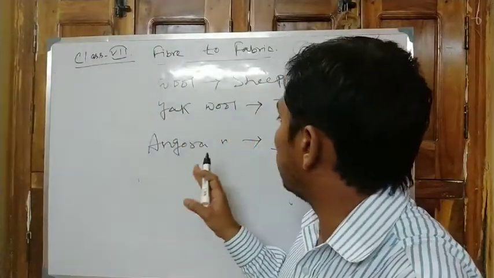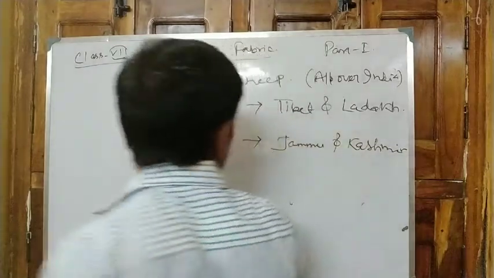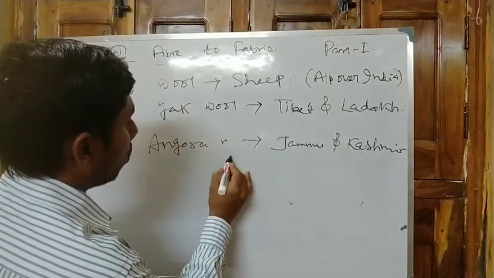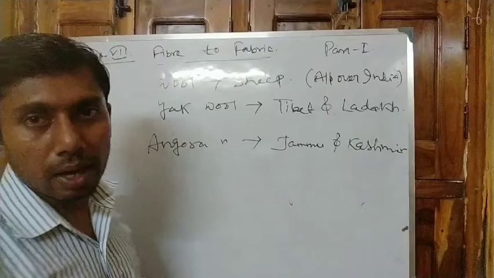So these are the special wool found from the Angora goat. It comes from the Angora goat, and yak is the animal.